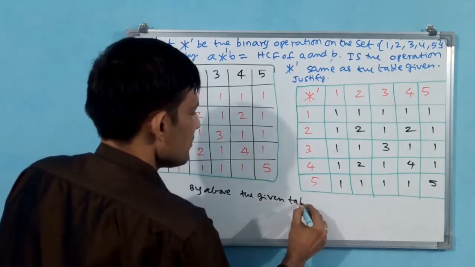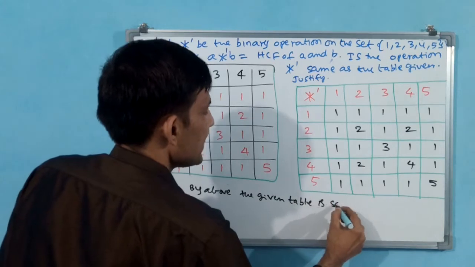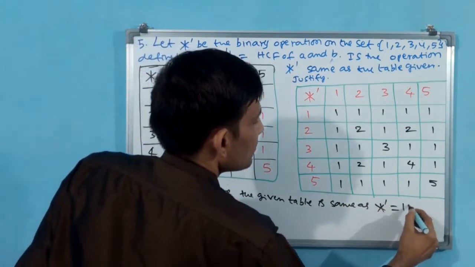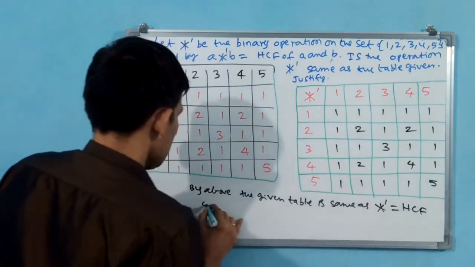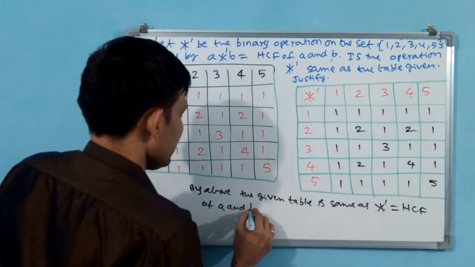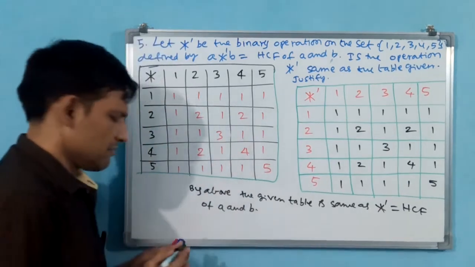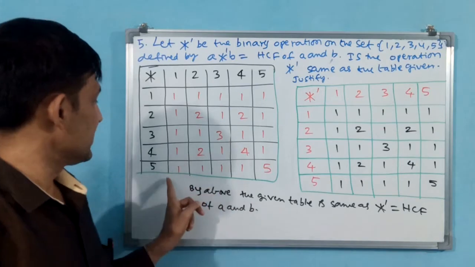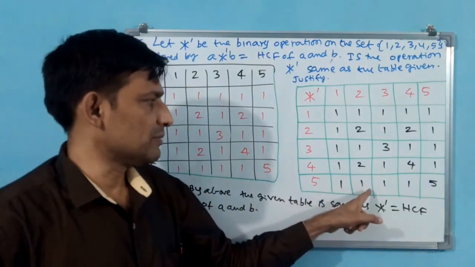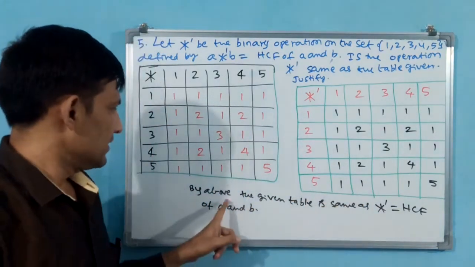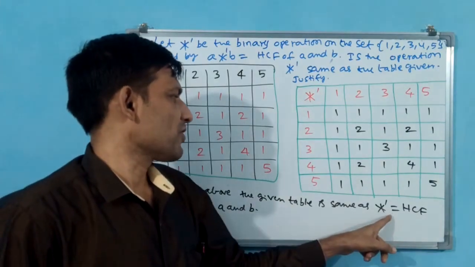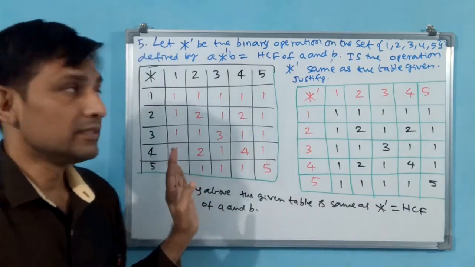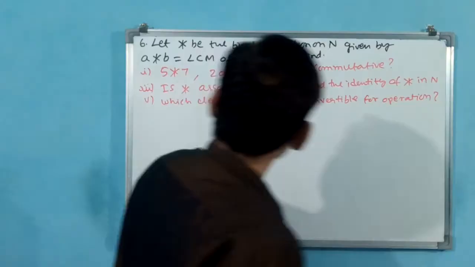The given table is same as star dash is equal to HCF of A and B. This is not given, we have made. The given table is same as star dash. Star dash is equal to HCF. Same. Okay.